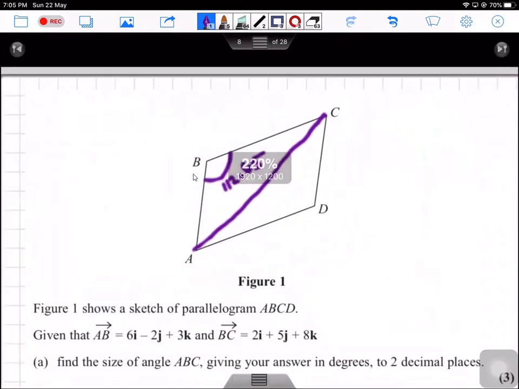Okay, so through the sine rule formula, I am going to find the area of this triangle. And obviously the area of triangle ABC will be exactly equal to the area of triangle ACD.